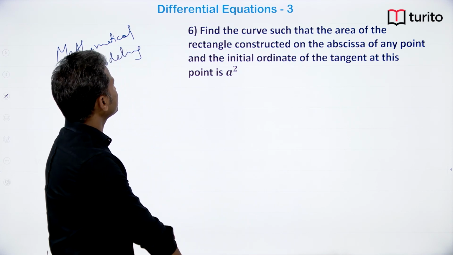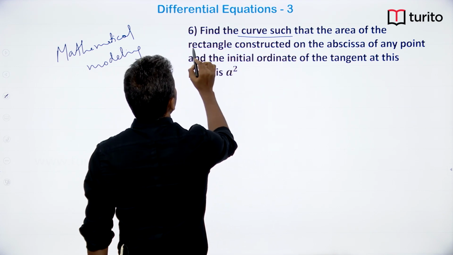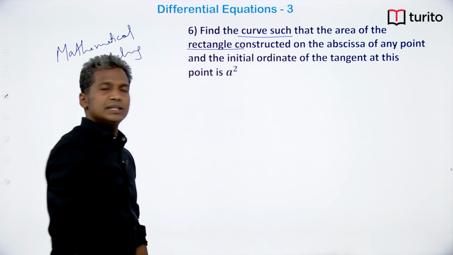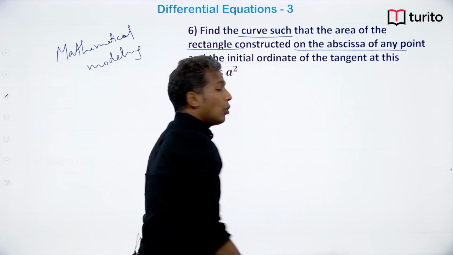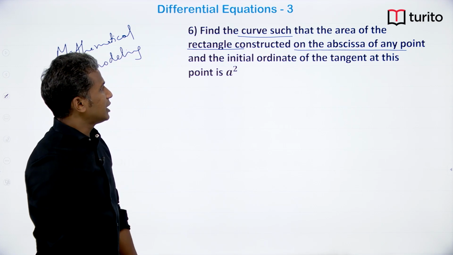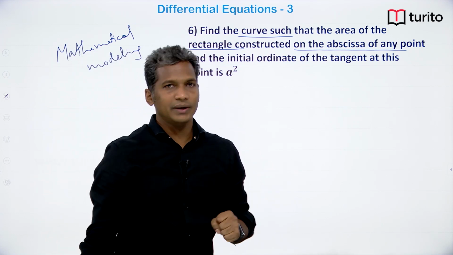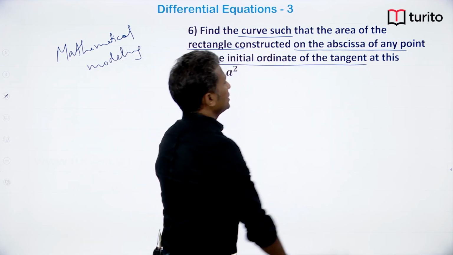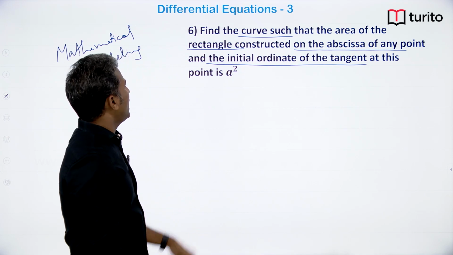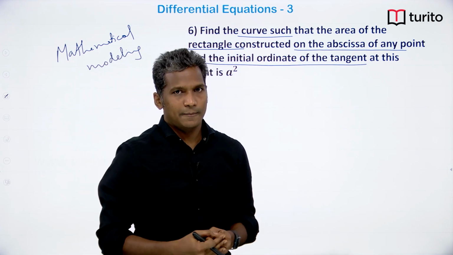So here find the curve such that area of the rectangle constructed on the abscissa, so that means we have to take abscissa as one of the sides, okay. And next, and the initial ordinate of the tangent at this point. Now what is the meaning of the initial ordinate?